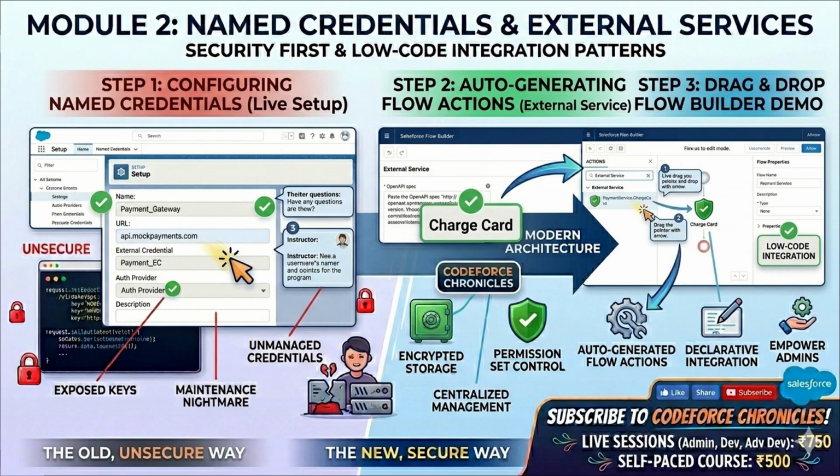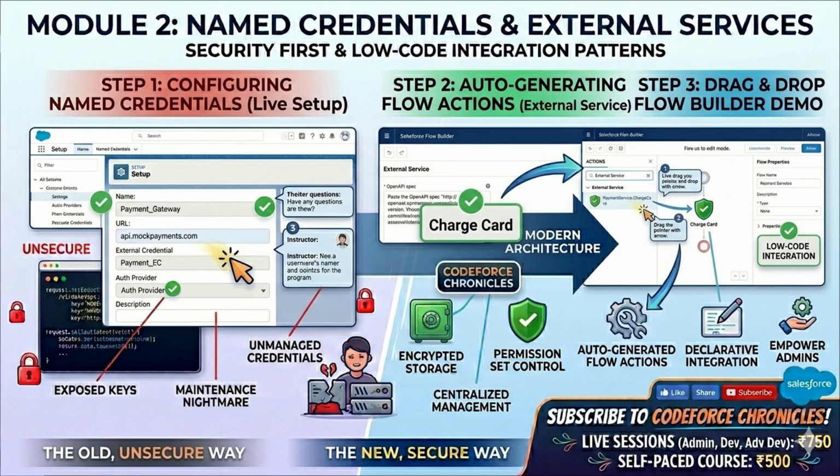Let's look at how this works. Go to External Services in Setup and click New External Service. Choose From Named Credentials.